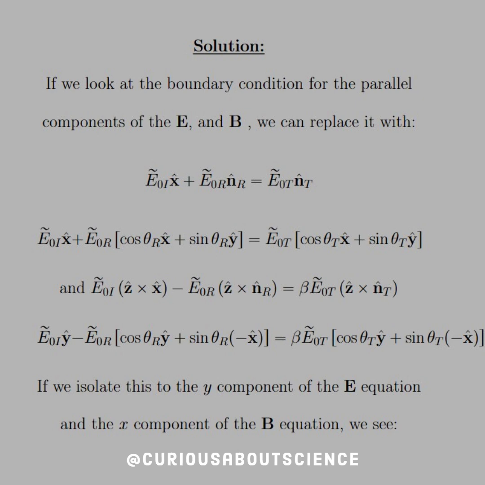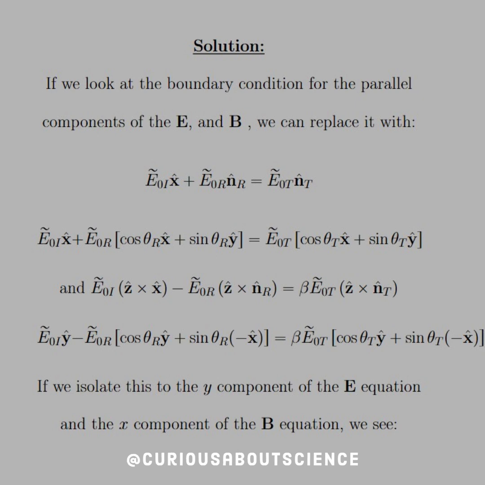Again, we got that from how to get the magnetic field from the electric field: propagation direction cross product with the polarization direction. So that's why we see the cross products there for the E and B field boundary conditions.